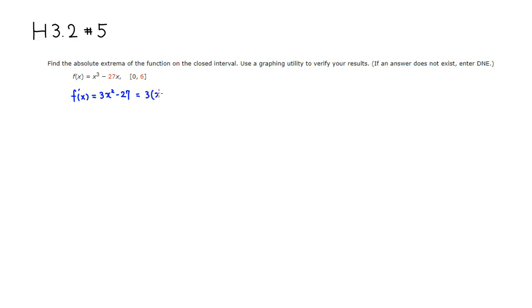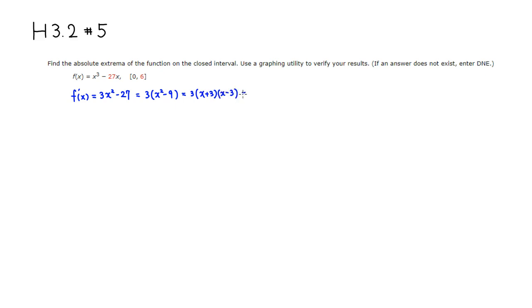So you have x squared, and negative 27 divided by 3 is negative 9. We can factor this because 9 is 3 squared, so we have 3 times (x plus 3) times (x minus 3).